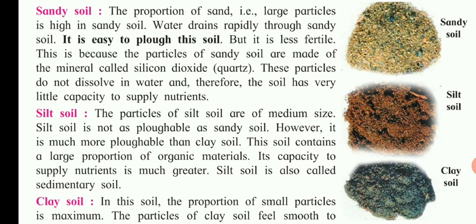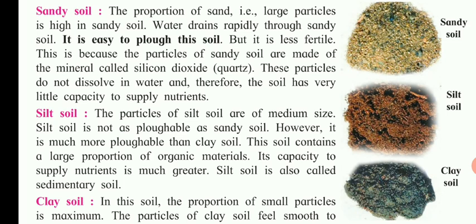What happens in a sandy soil? The particles present in the soil are very large, and water drains rapidly. What happens? Water will not stay there. It will drain off, it will run off. So we can easily plumb the soil, but it is very less fertile.